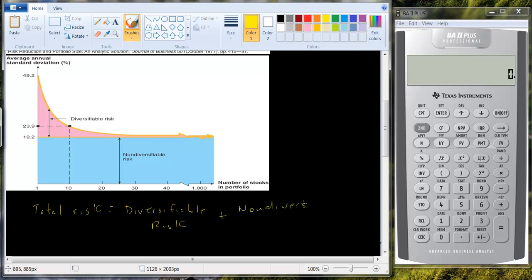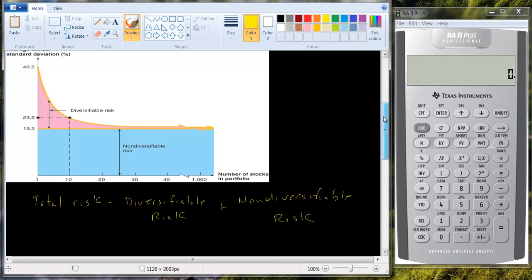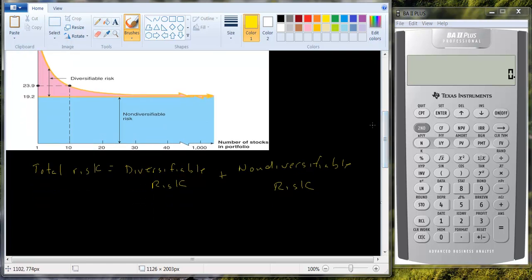So what are we talking about here? We're saying that there is some risk you can get rid of, by adding stocks to your portfolio, and some risk you just can't get rid of no matter how many stocks are in your portfolio. Sometimes we refer to the diversifiable risk as firm specific.